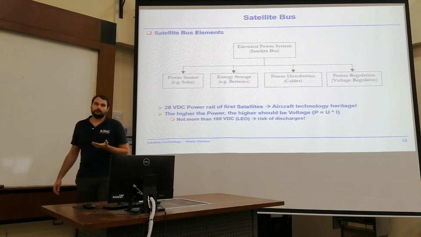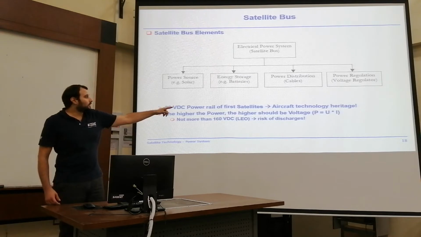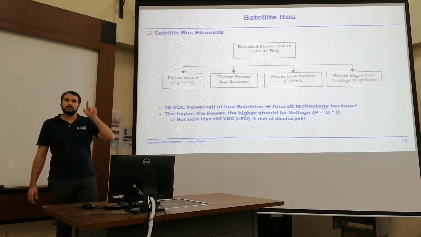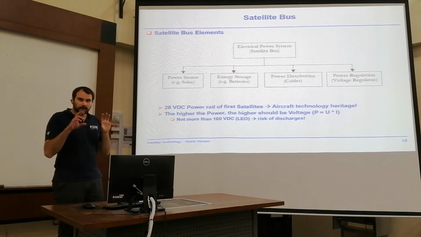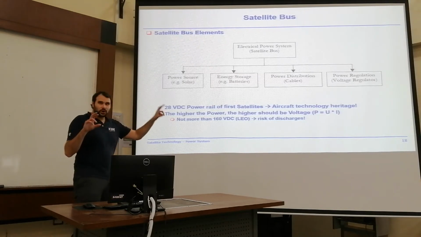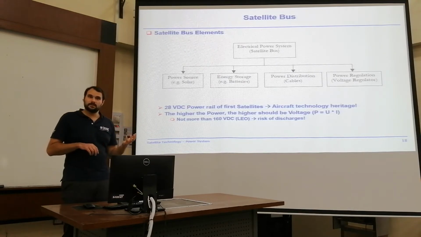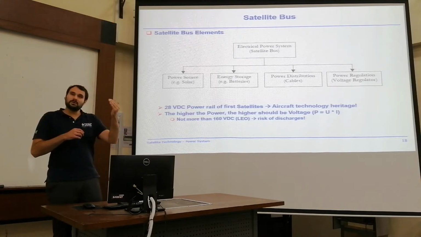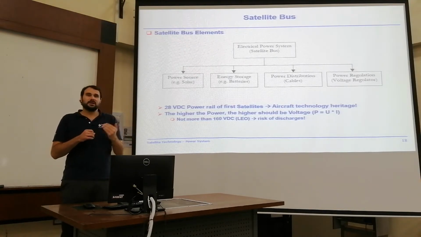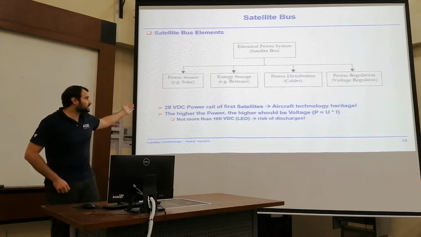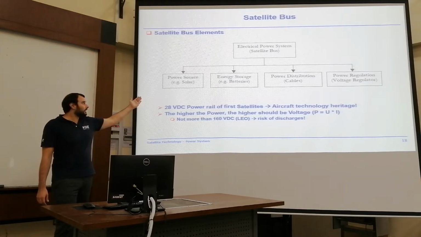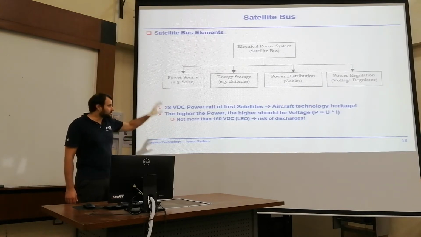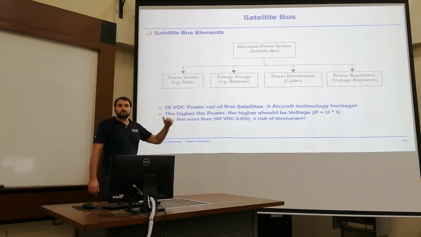Why is that? As you can see, power is calculated by multiplying the voltage and the current. And the higher the current, the higher the losses in our power cables. Because we don't want to waste so much energy on board the satellite, I mean, we already wasted so much to generate the power, and now that it's inside our satellite, we don't want to waste any more, we want to keep the losses really low.